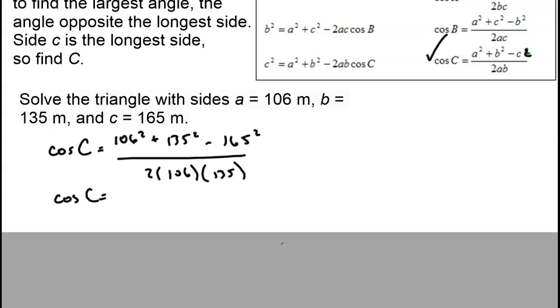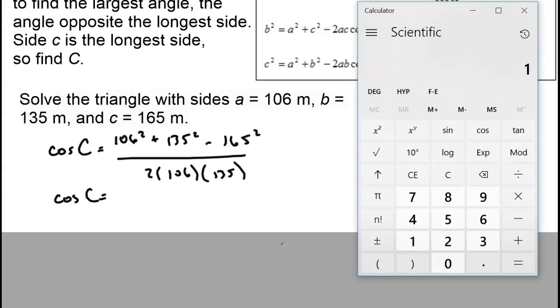Let me get my calculator. 106 squared. Remember, calculator errors can lead to big problems. Make sure that when you get a number you look at it and ask, is that right?